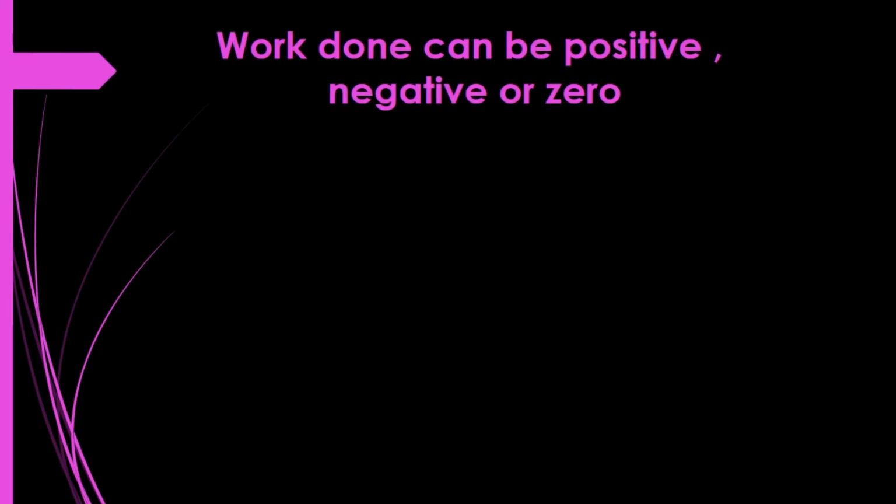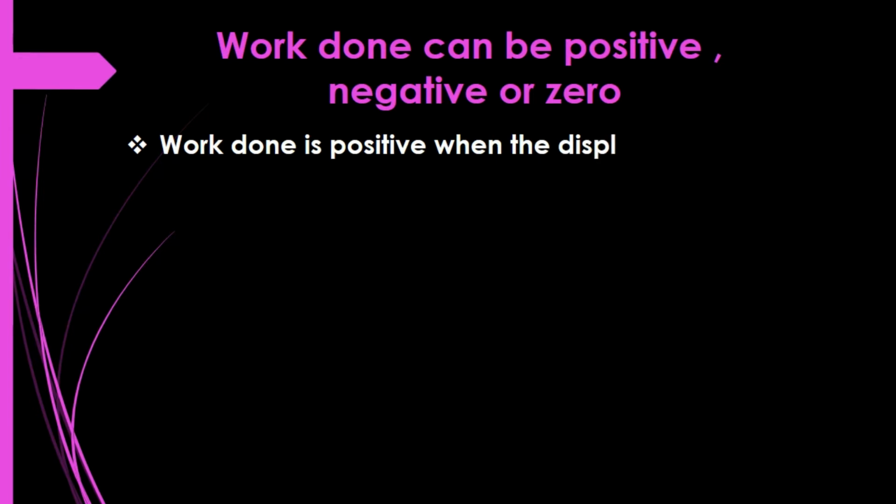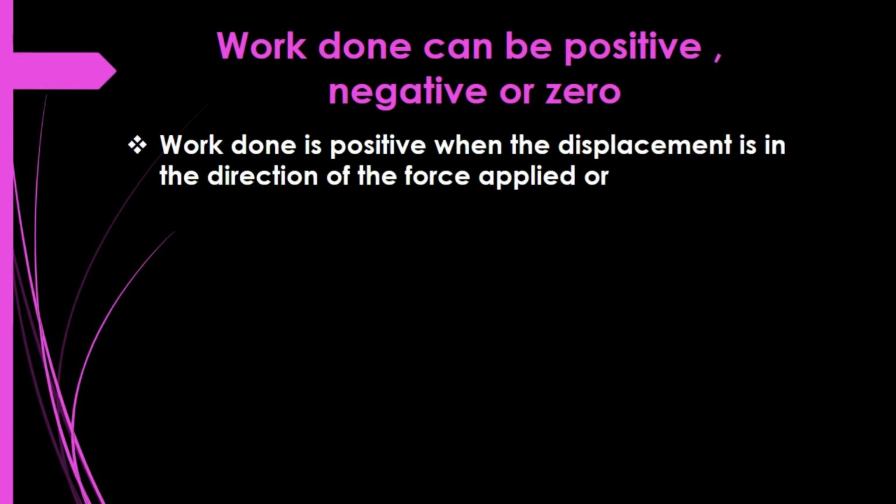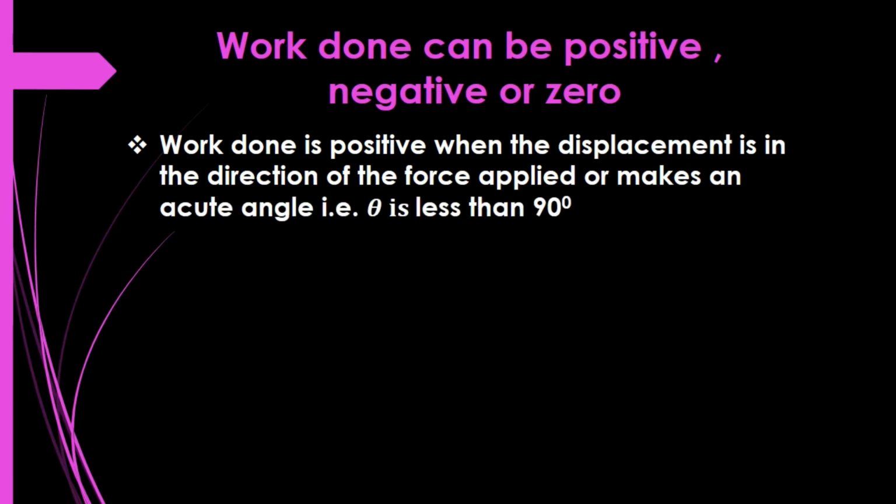So we can conclude that work done can be positive, negative or 0. Work done is positive when the displacement is in the direction of the force applied or makes an acute angle. That is, theta is less than 90 degree. Theta is 0 or less than 90 degree. The work done is positive.